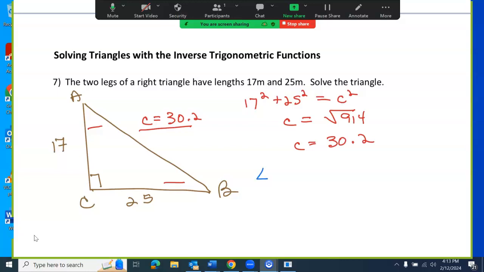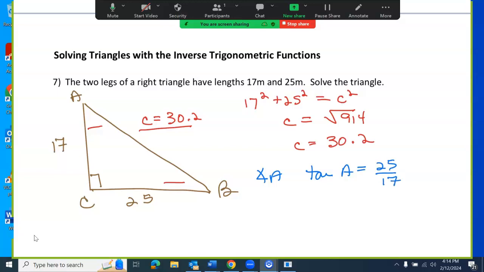So angle A, let's work on that. From angle A's perspective, I can say the tan of angle A equals opposite over adjacent. Okay, there's my ratio.